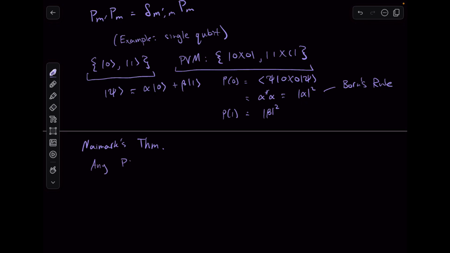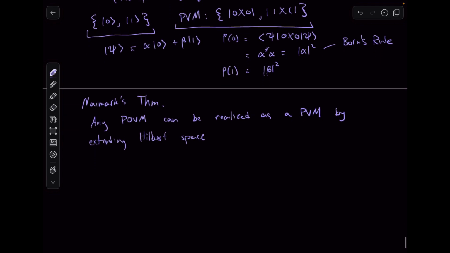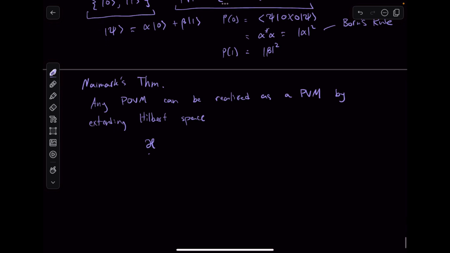So if we have some Hilbert space and a POVM defined for it, we can turn that POVM into a PVM by adding some ancilla system. And that's roughly what this theorem tells us. For this reason, for our purposes, we'll be able to only look at PVMs, and it'll just make things nicer for us.